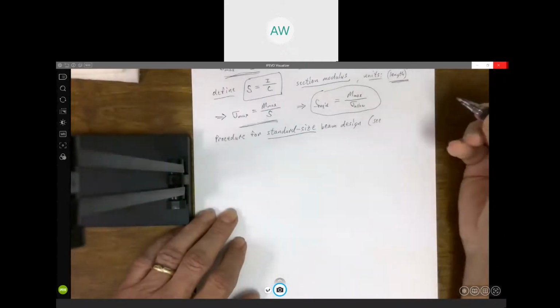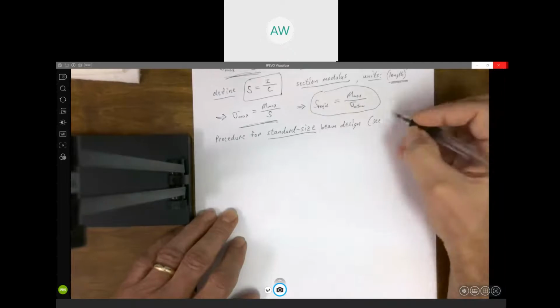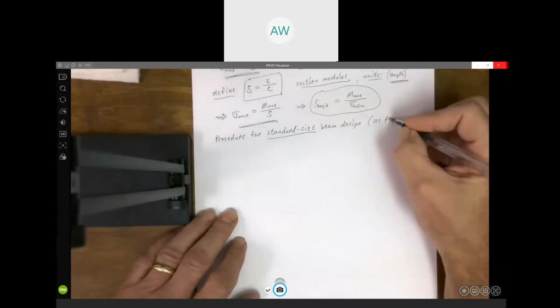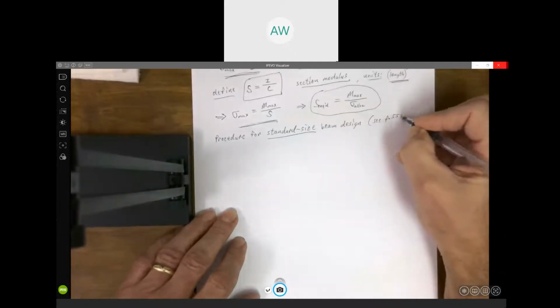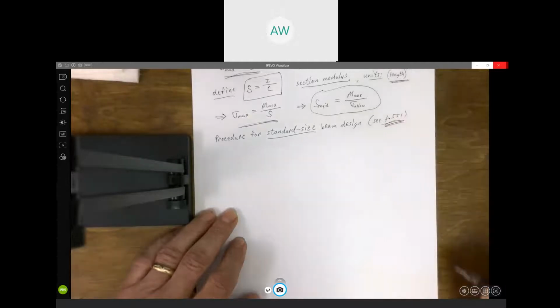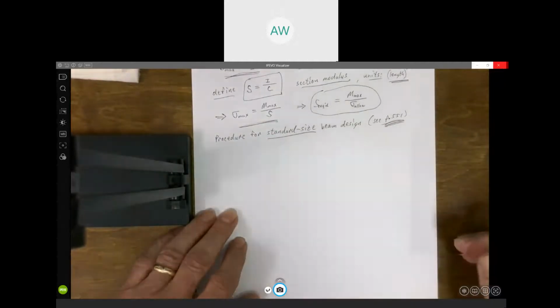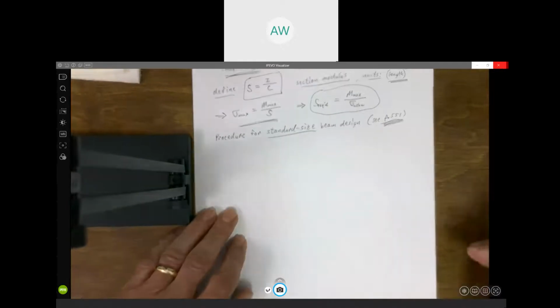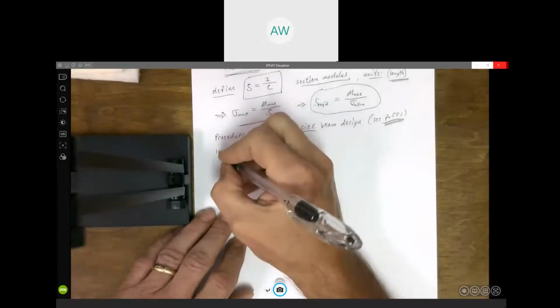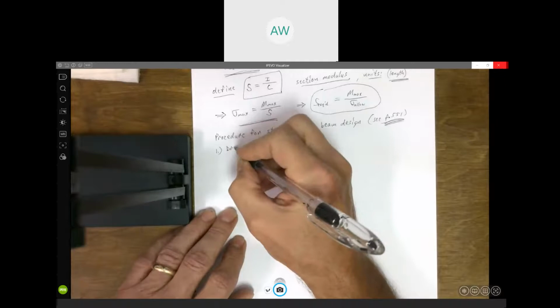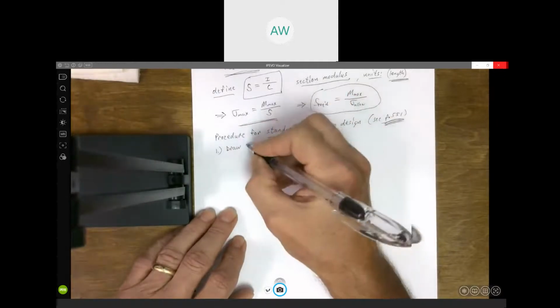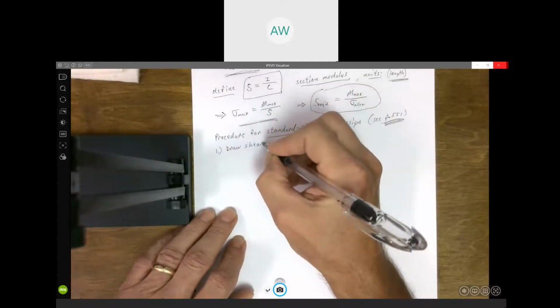There's also a procedure listed in your textbook if you want to read through that and see how he describes this. It might be slightly different. Maybe it makes more sense the way he presents it. I don't know. But the first step is going to be draw our shear and moment diagrams.